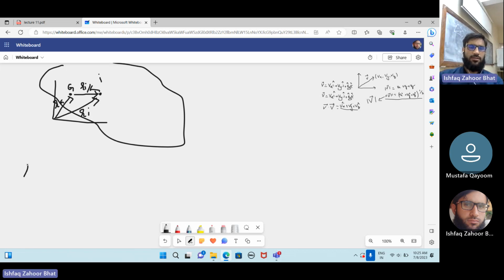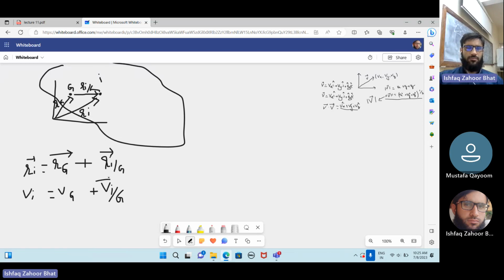So I can write the expression as R_i is nothing but R_g plus R_i with respect to G. If you differentiate this expression on both sides, you will get V_i, and this will be V_g, and this will be V_ig.